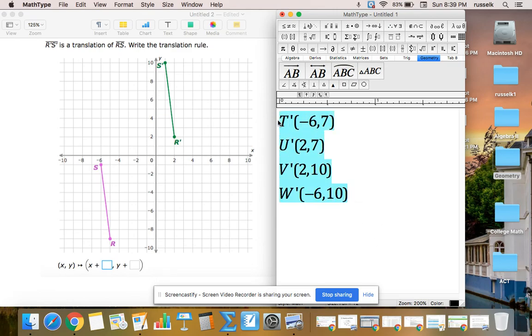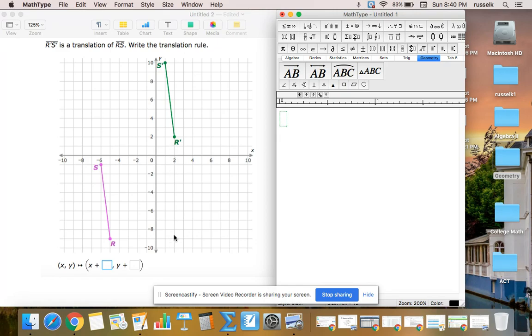The second section of IXL is really just working the other way around. They're just asking you to write the rule now. So you want to make sure that you're going from the pre-image to the image, so the one without the apostrophe to the one with the apostrophe or prime. In this case, to go from R to R prime, I would have to go from -5 on the x to the right 7 spaces to get to 2.